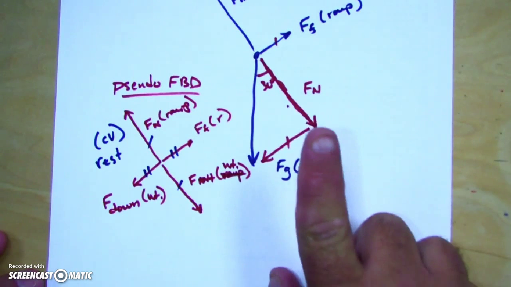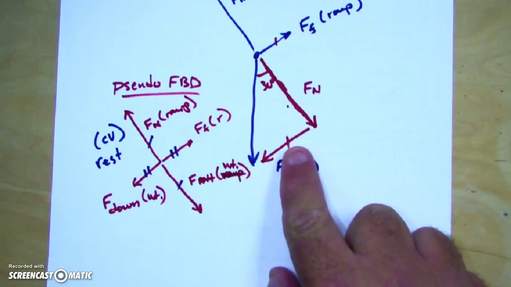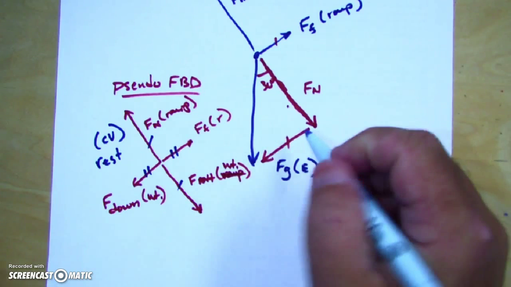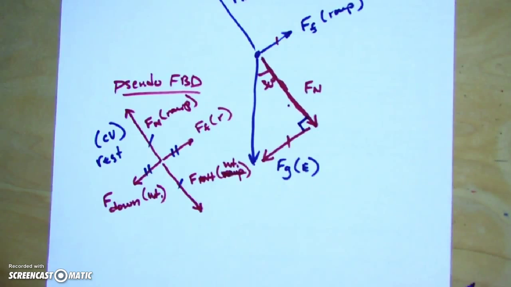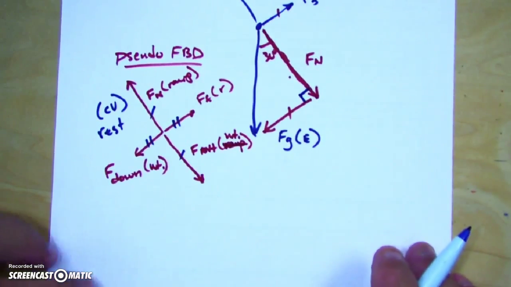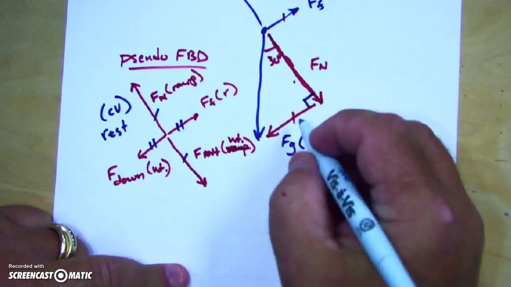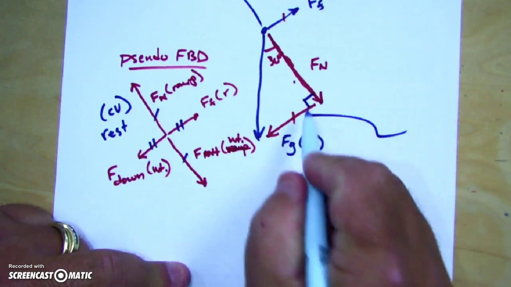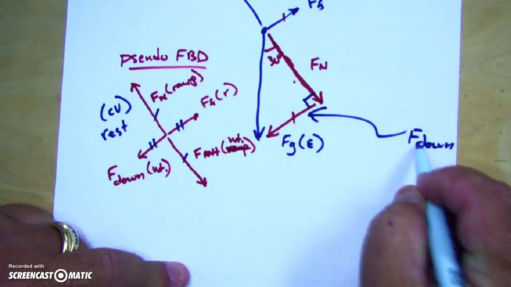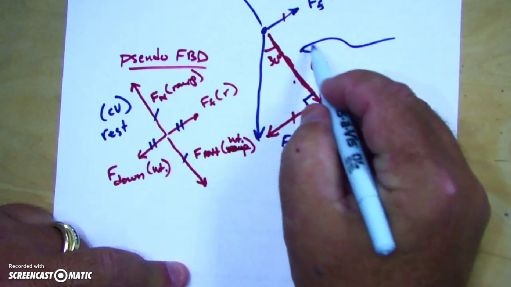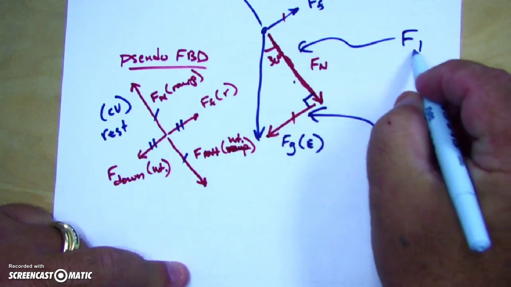Now, come back to this picture here, because now I have a right triangle. And if I have a right triangle, I can make some statements from it. I'm going to call this side of the triangle F down. Let's call this side force perpendicular.